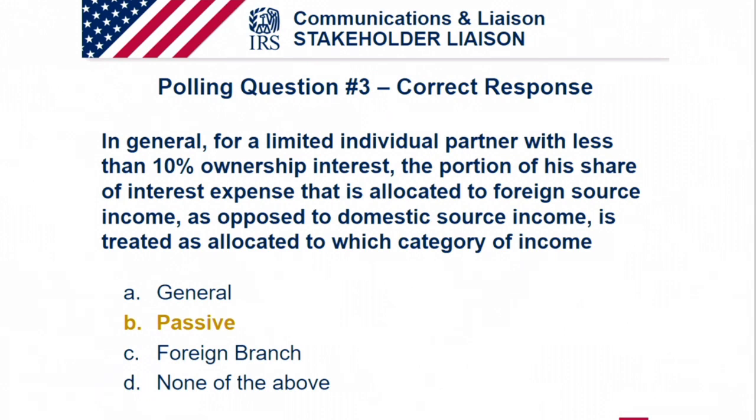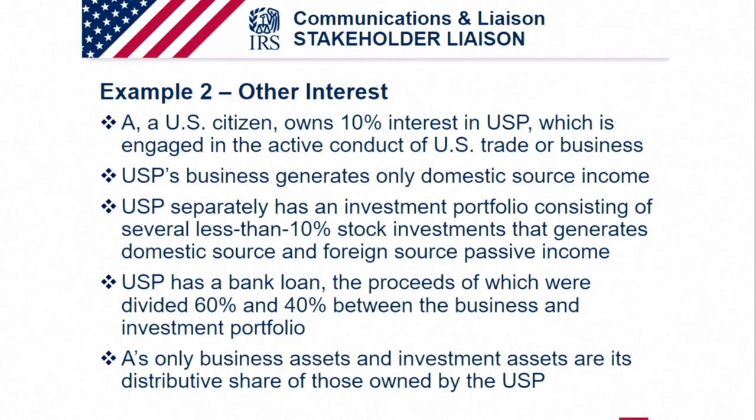Sure, great. So now we are going to move on to an example where hopefully we can pull this all together. So we have A, who is a U.S. citizen, who owns a 10% interest in USP. And remember, USP is a domestic partnership. And this domestic partnership is engaged in the active conduct of a U.S. trade or business.